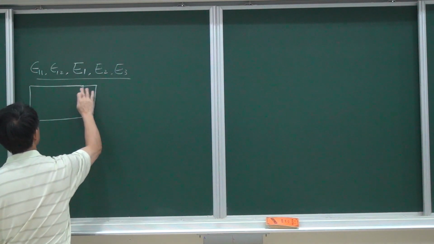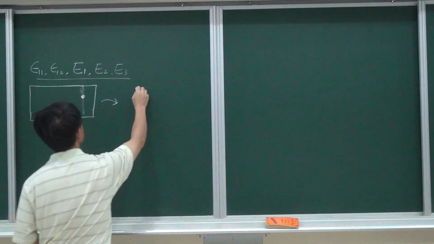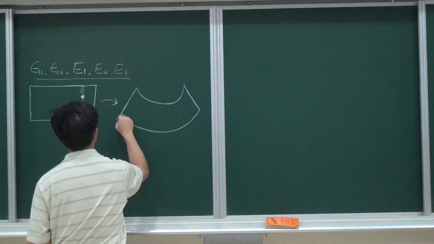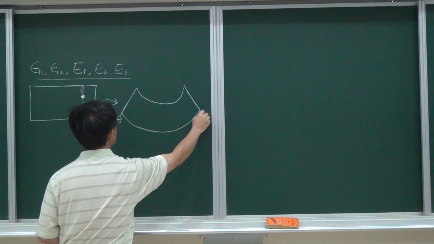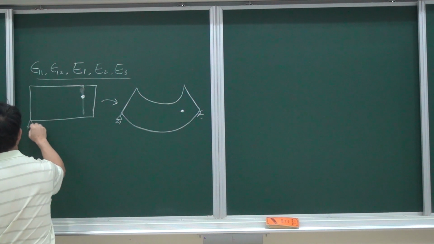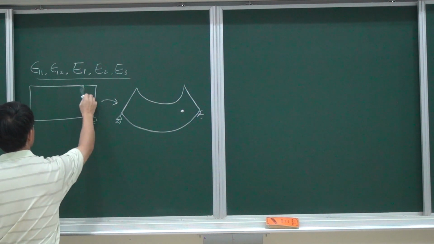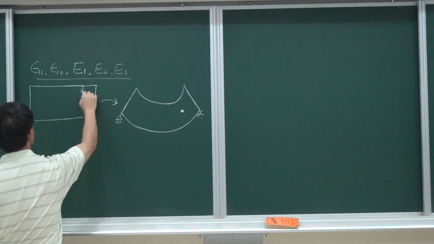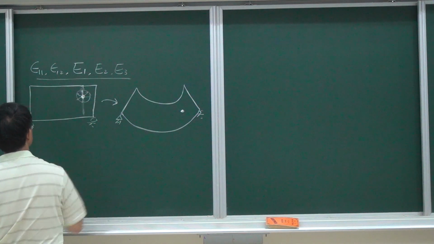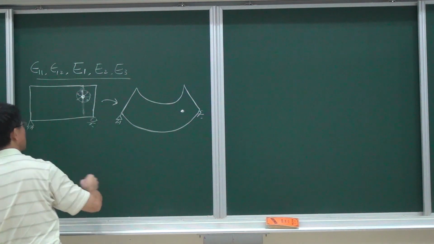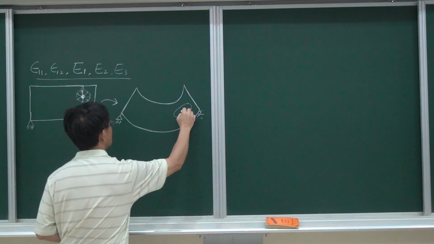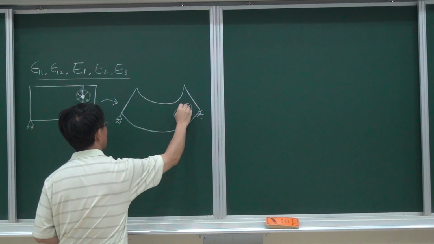We have a material point deformed to another material point, and we have some material lines that deform into other material lines.